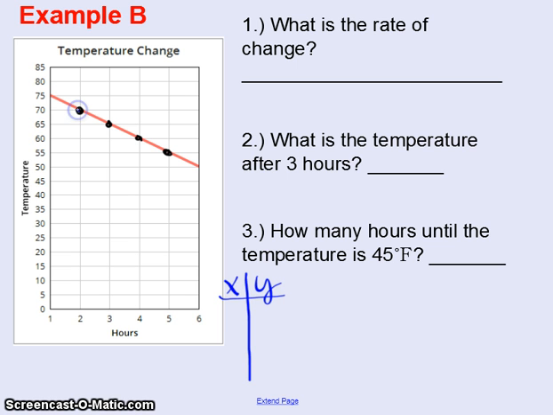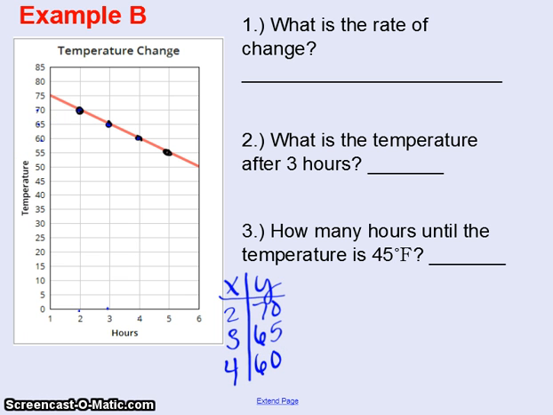So let's see here. At 2 hours, it was 70 degrees. At 3 hours, it was 65 degrees. Let's do one more. At 4 hours, it was 60 degrees.